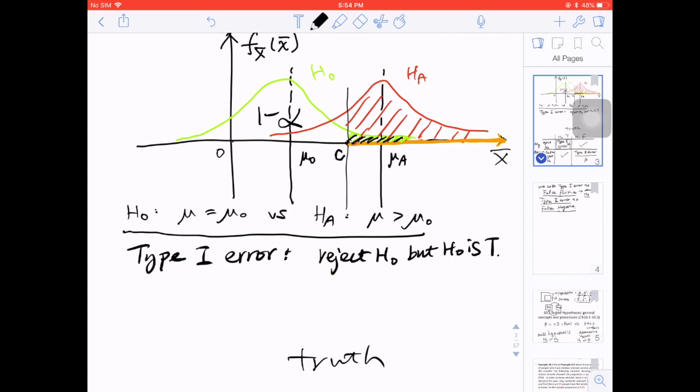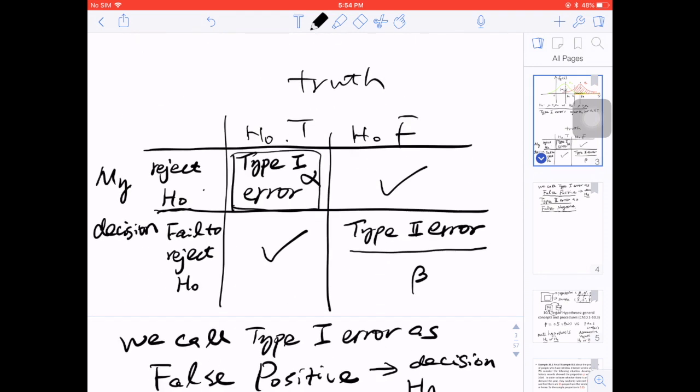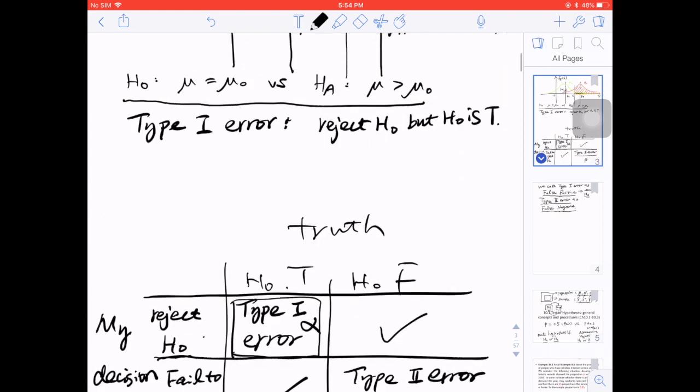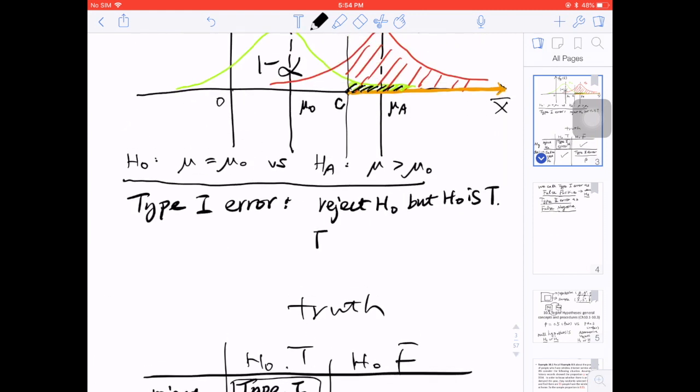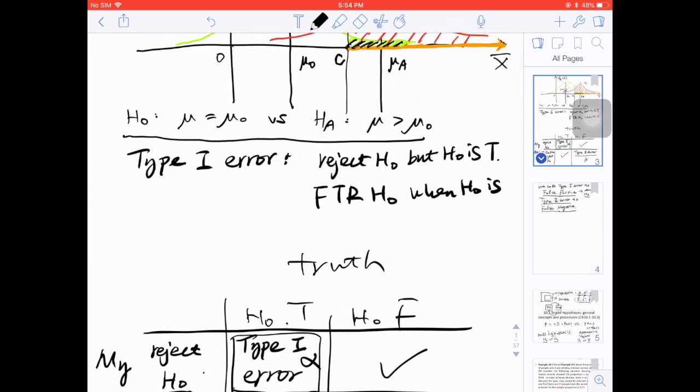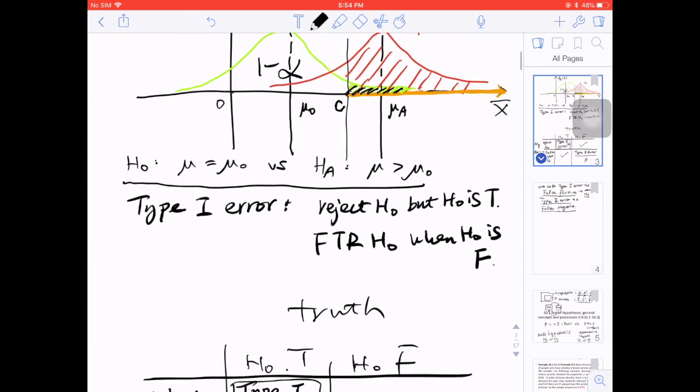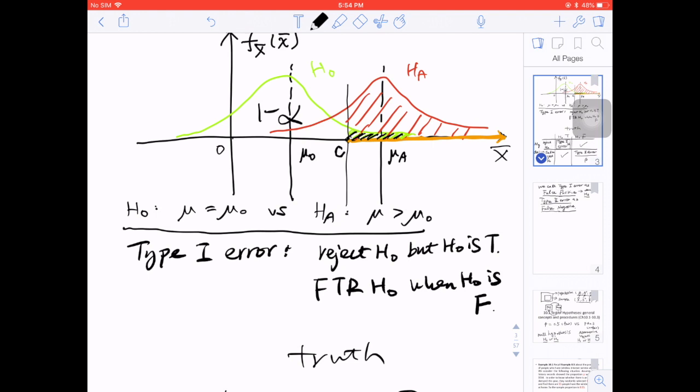So what's type 2 error? Type 2 error is when H0 is false, but you fail to reject H0. So when H0 is false, or you say you support HA, it's going to be the red curve.